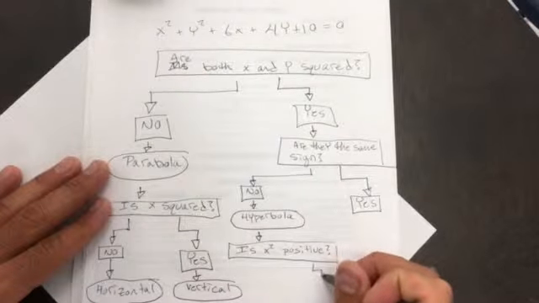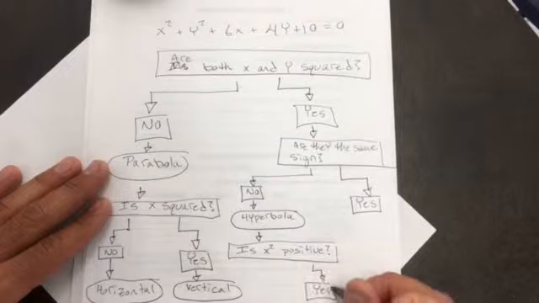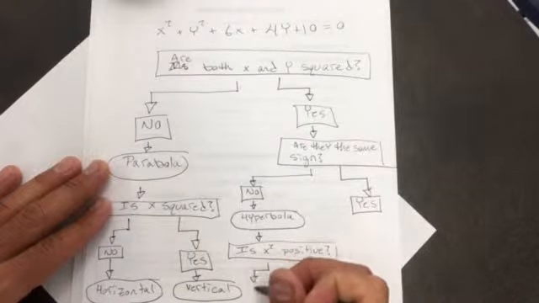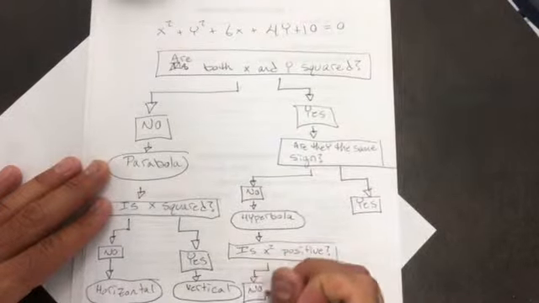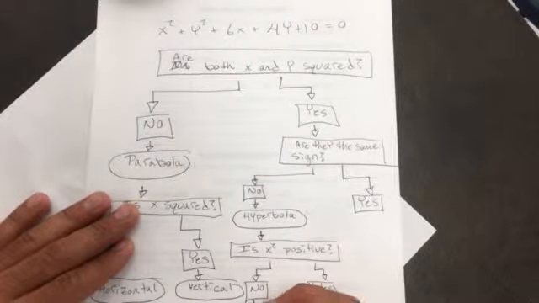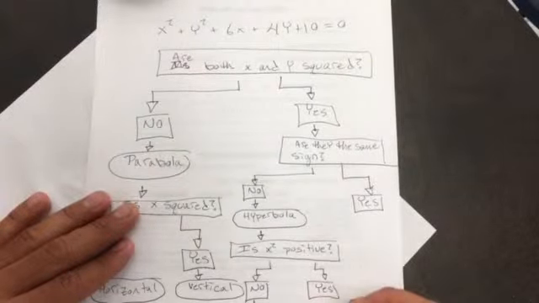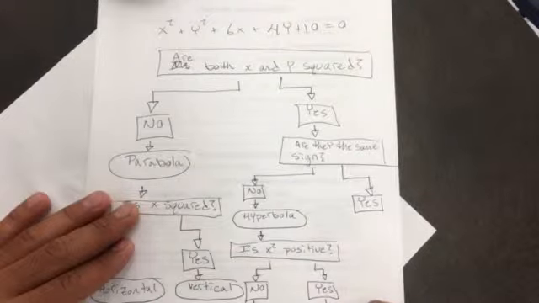Two answer choices, yes and no. If x squared is not positive, then it's vertical. If x squared is positive, then it's horizontal.